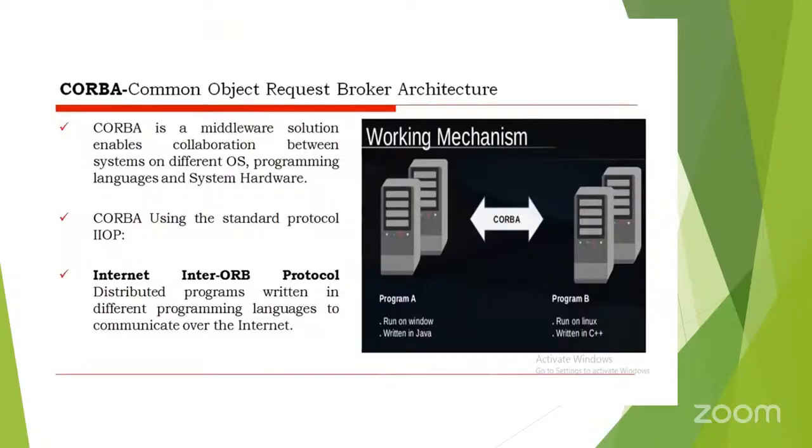Program B is running on the Linux operating system, and the program is written in C++. We are using two different programming languages and two different operating systems, system 1 and system 2, yet we can establish a connection and exchange information between these two by using CORBA acting as a middleware technology.